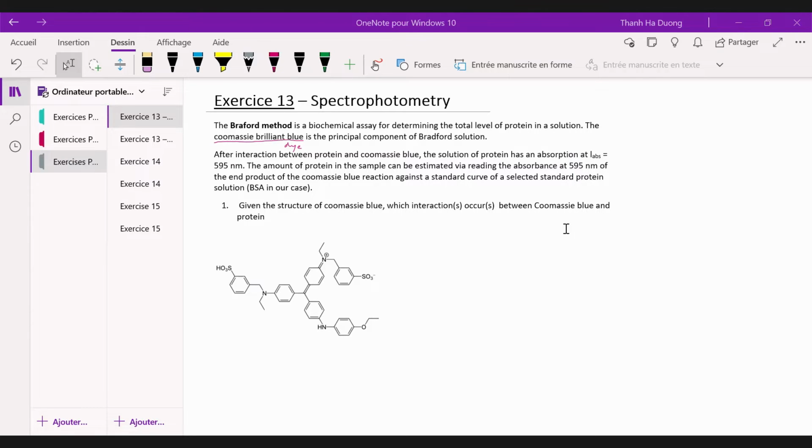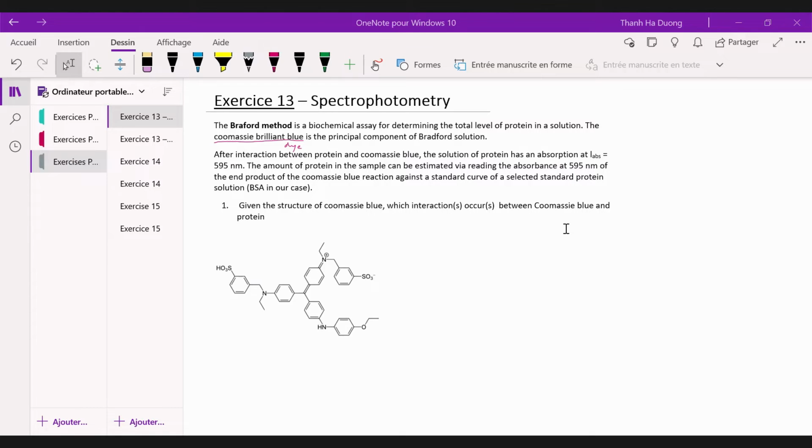That's why we use a dye called Coomassie Blue to measure the concentration of the protein in a solution. Okay, so we have an interaction between proteins and Coomassie Blue, and the solution becomes blue, and we have an absorption at 585 nanometers.